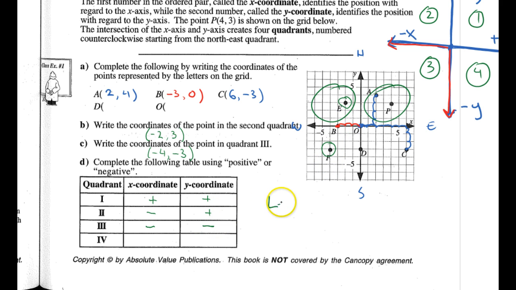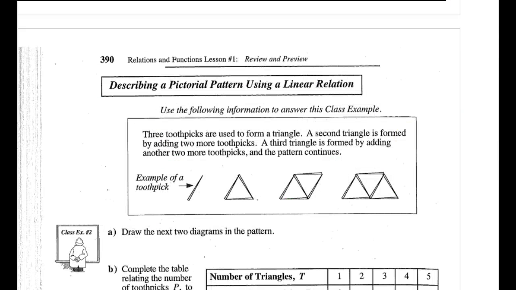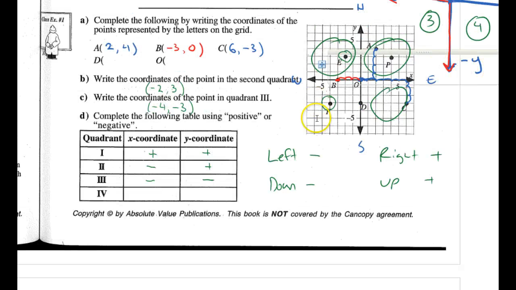Think of left as negative and right as positive, down as negative, and up as positive. In quadrant 4, down here, the x coordinate is positive, and the y coordinate is negative.